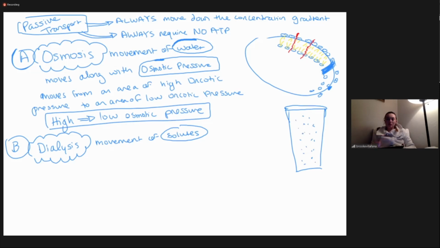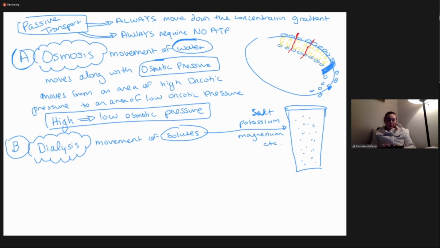Does that make sense? So solutes are like salt, potassium. These are natural solutes. Magnesium. There are multiple, those are just the ones I'm thinking of off the top of my head, but we'll write etc. There's a lot of examples of solutes.